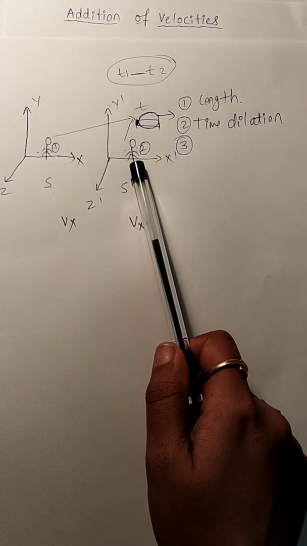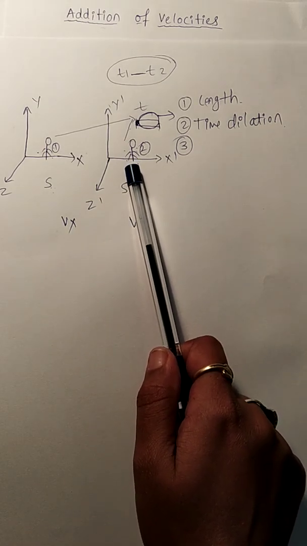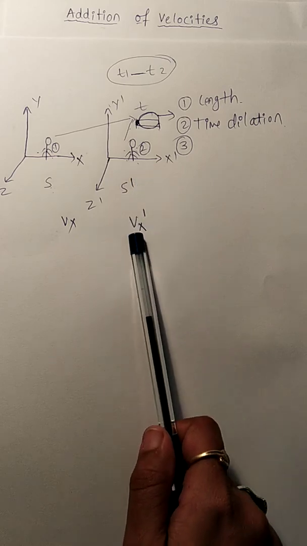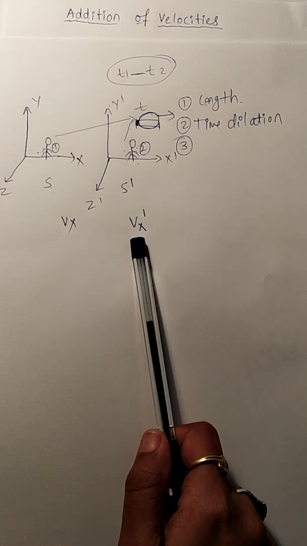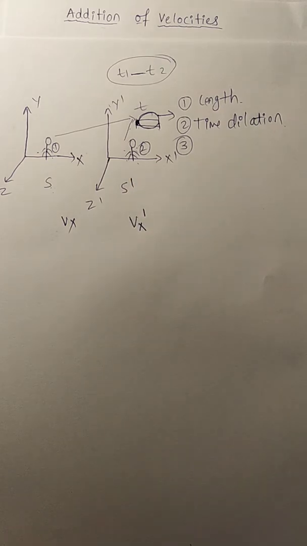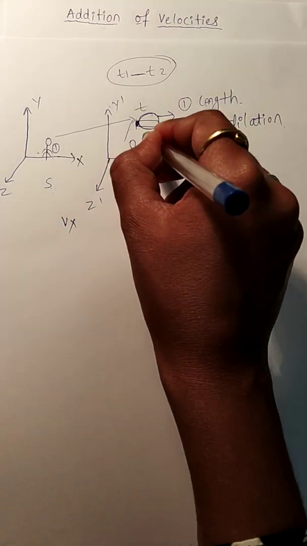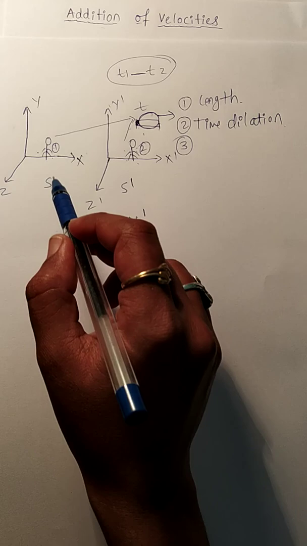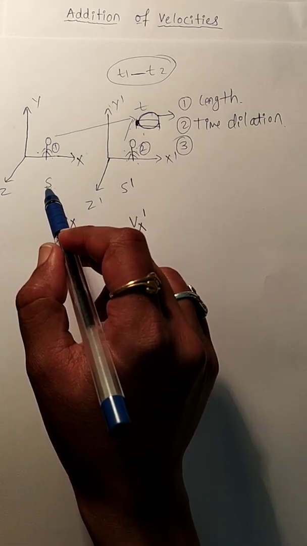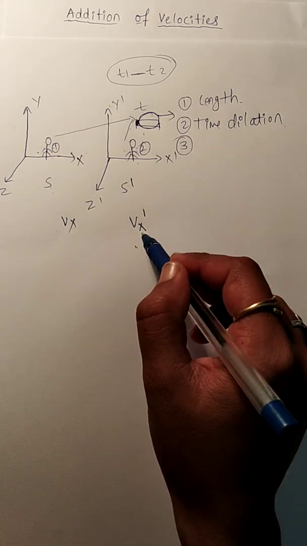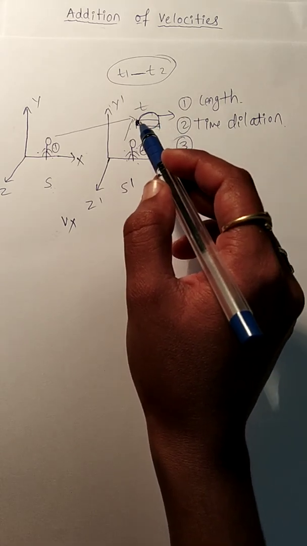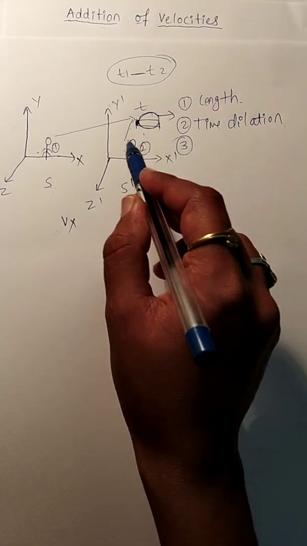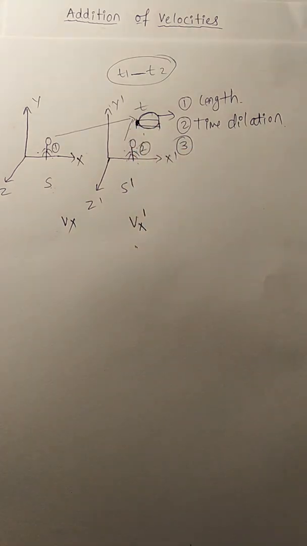At the same time, the second person also measures the velocity of that body and he will name it as what? φx dash. So φx is the velocity of the body calculated by the observer in the S frame, and φx dash is the velocity calculated by a person in the what? S dash frame. That's the difference.